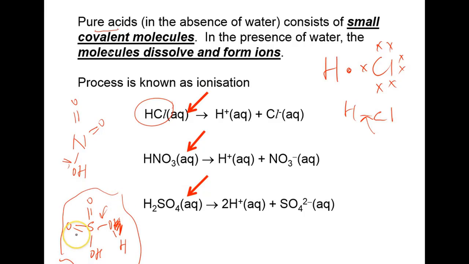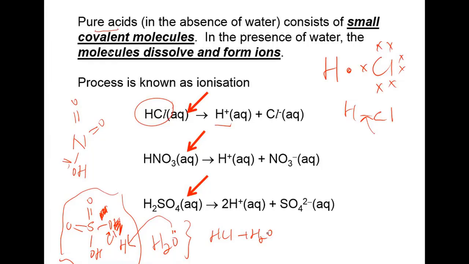But when you add in water, the water molecule can actually remove the H from the acid molecule. So it gives us the H+ ion, which then allows us to have all the observations for the different reactions of an acid. To be more precise, if you observe this equation here, the H+ ion is in fact something like this.